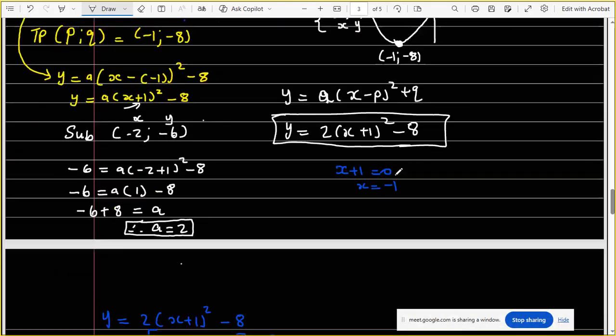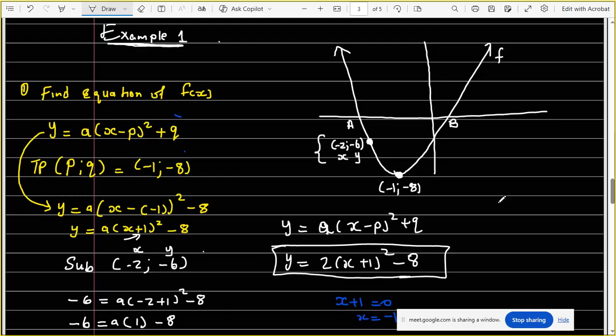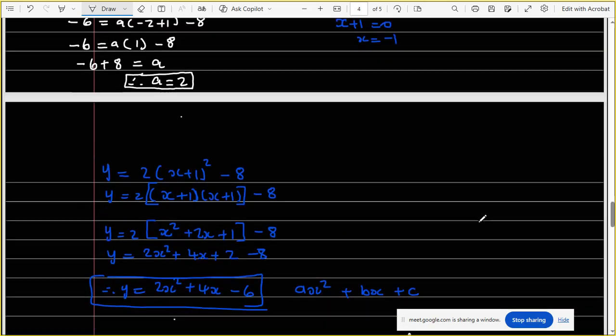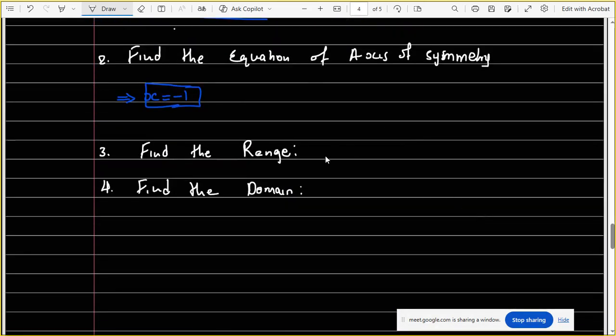Look at this graph. This graph is concave up. What will be the range? The range will be greater or equal to -8. Exactly. So y is greater or equal to minus 8.